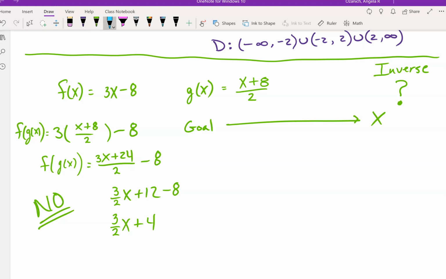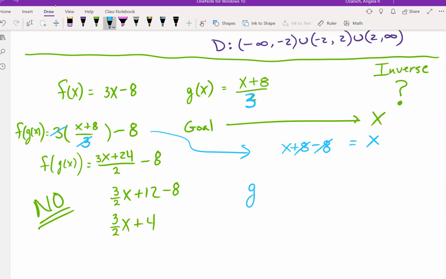However, if in our original function, for example, this was a 3, so let's change this out, let's make this a 3. That'll make this a 3 right here. And then what ends up happening is the 3's cancel. You're left with x plus 8 minus 8 and a result of x.